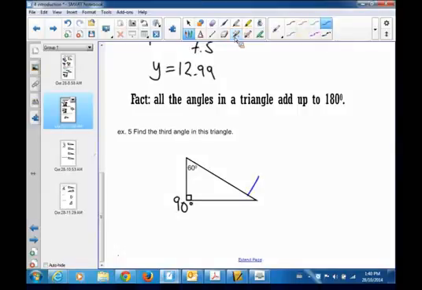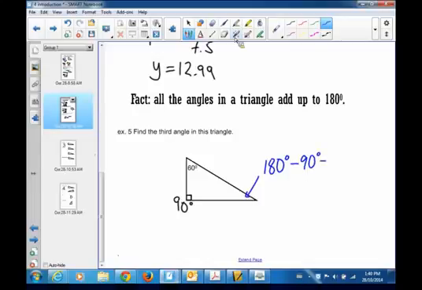Well, with this one, we're going to say 180 is the total. So if we take out the 90 and the 60 by subtraction, 150. Well, you didn't subtract the 90 off of it, right? 180 minus 90 is 90.